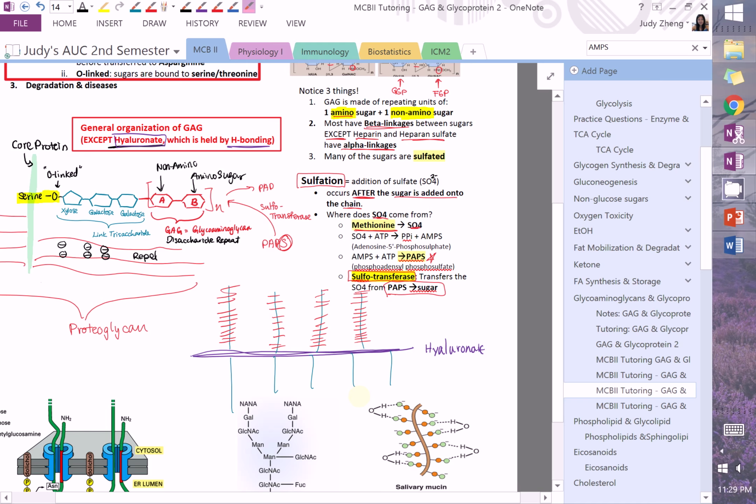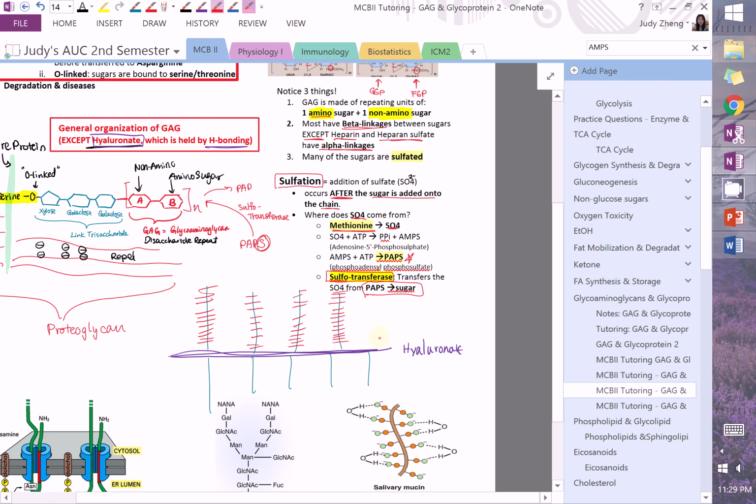So basically it organizes into this structure, and this is the one held together by hydrogen bonding. Here it follows this organization, is O-linked.